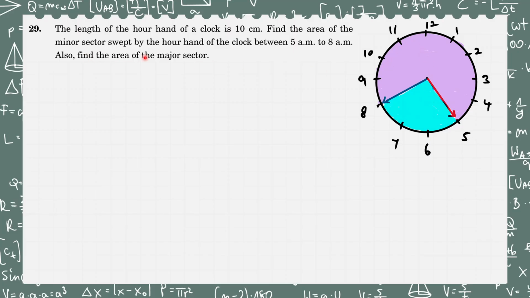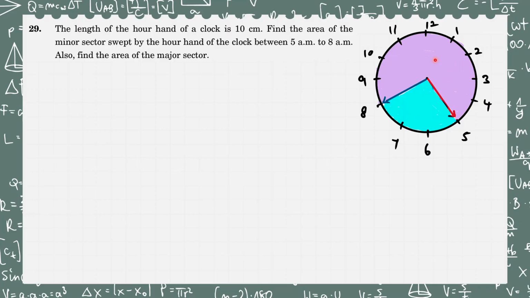And they are asking the major sector's area also. What do you mean by major sector? Leaving this blue shaded region, the rest of the region will be another sector. That is obviously a major sector because the central angle at that other part will be a reflex angle. So that is a major sector.